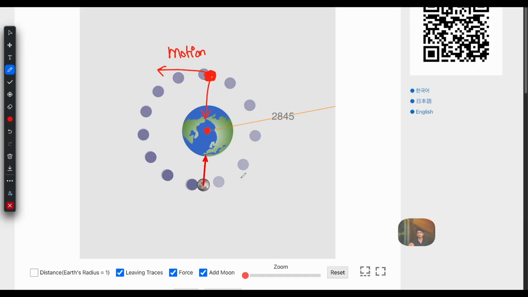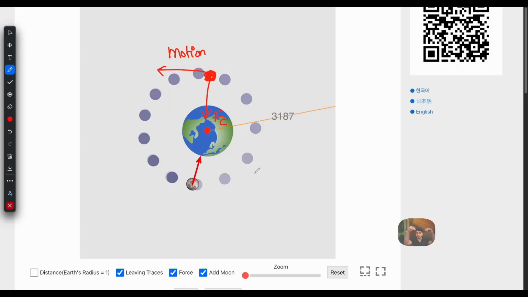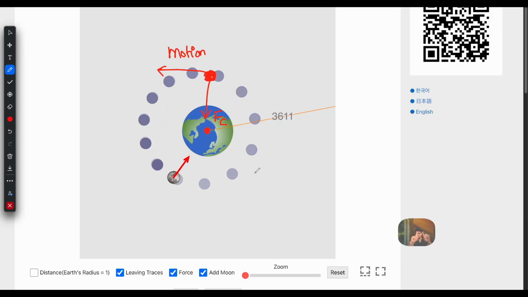So in this case, the gravitational force is providing the necessary centripetal force, the center-seeking force, that acts toward the center. Centripetal force is the net force toward the center. I'm saying net force toward the center.